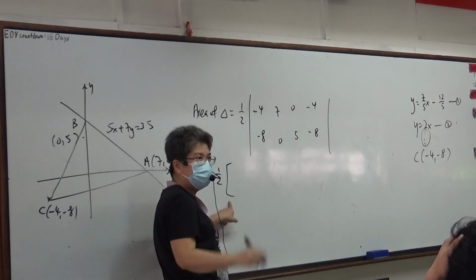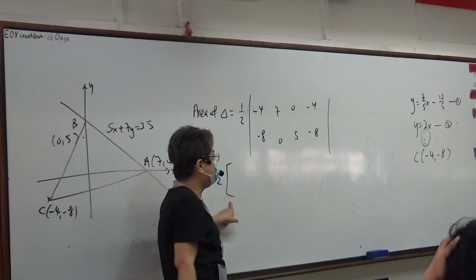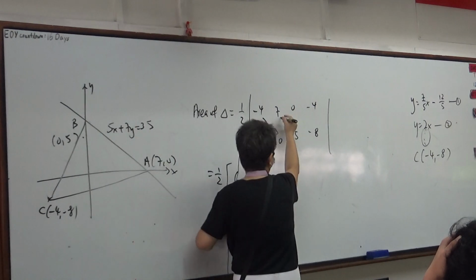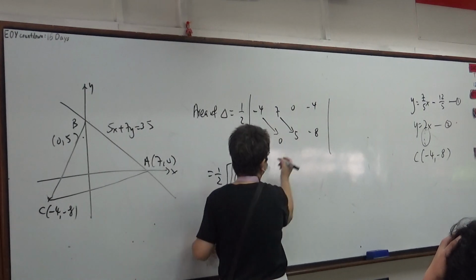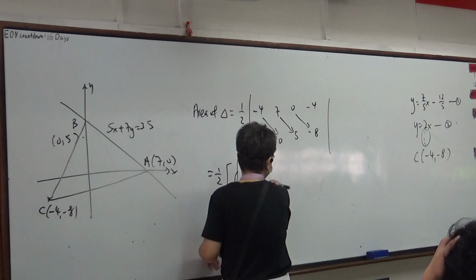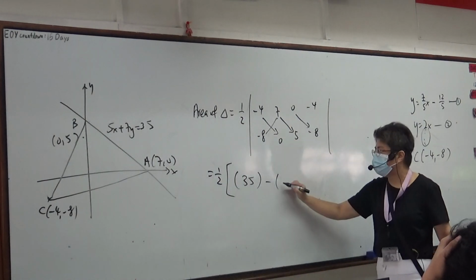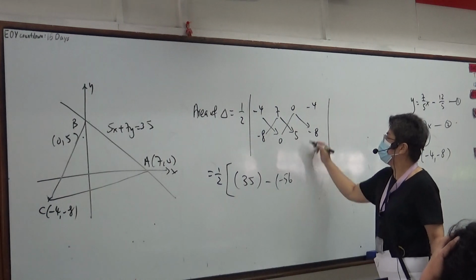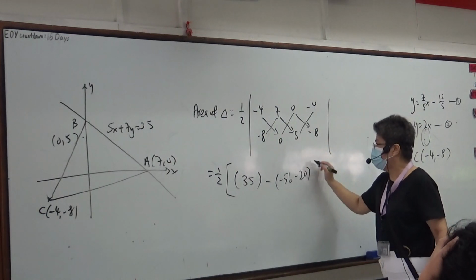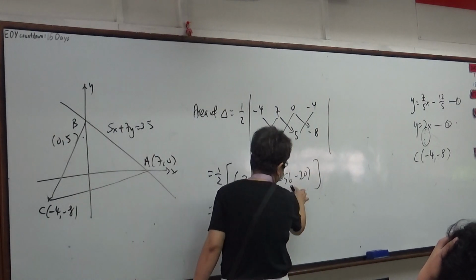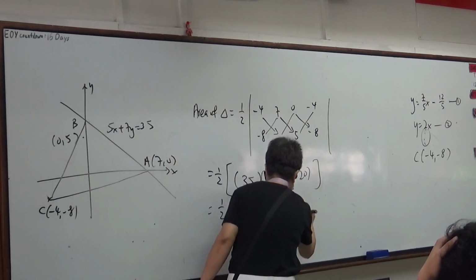This is no longer two strokes, it's a bracket already. What is this? 0. What's this? 35. What's this? 0, so nothing, right? Minus, what's this? -56. This one? 0. This one? -20. 35 minus, what's this? -76.